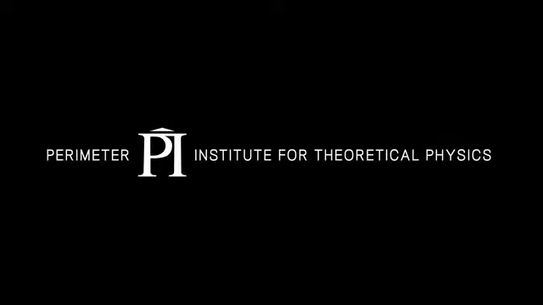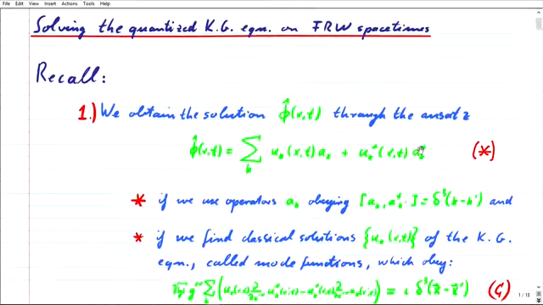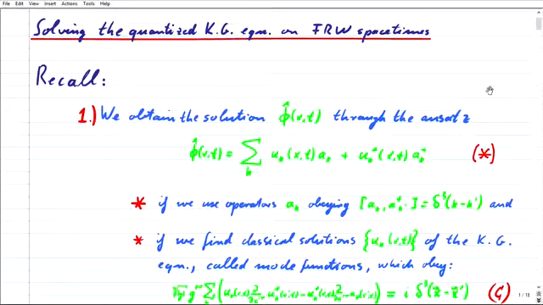So our aim is to solve the Klein-Gordon equation, the quantized Klein-Gordon equation, on FRW spacetimes. Remember, we proved that we will succeed with an ansatz of this general form.